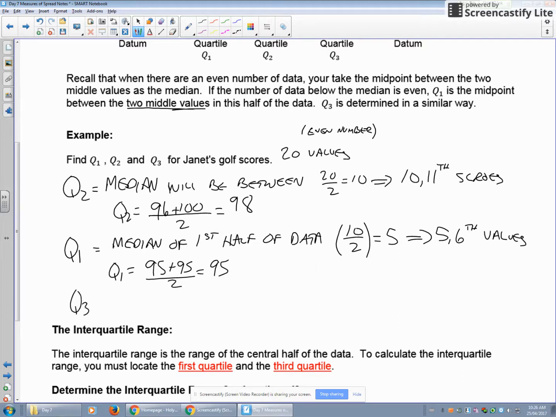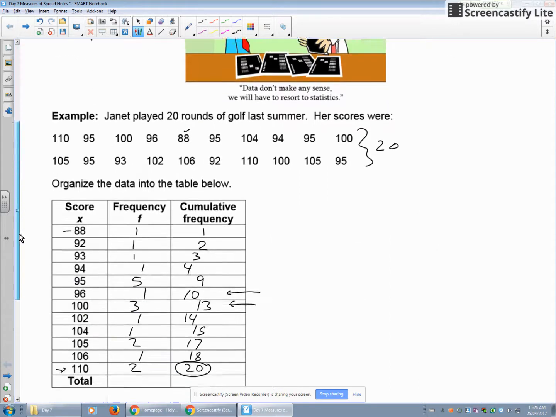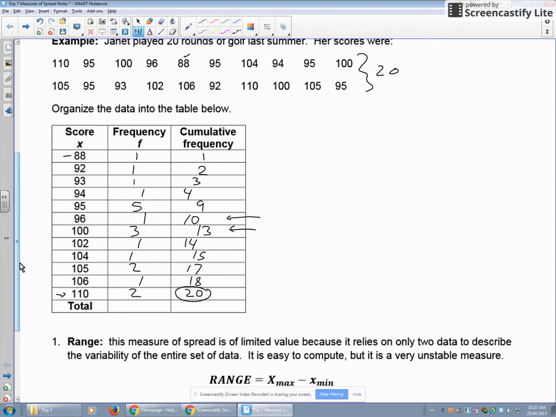In a similar fashion, quartile 3 is the median of the second half. In other words, we're talking about the scores 15 and 16. Looking back at my data, where do the 15th and 16th scores occur? The 15th score is this, and my 16th score is this.